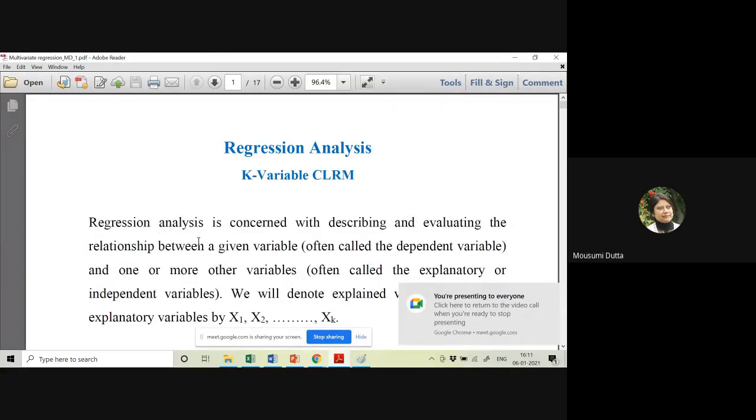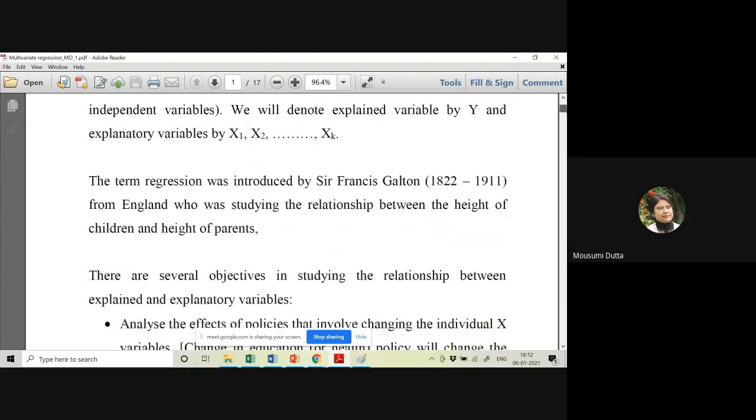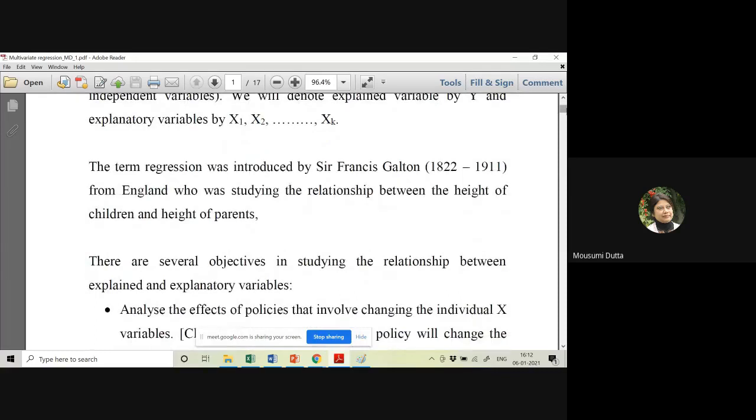Regression analysis is concerned with describing and evaluating the relationship between a given variable, often called the dependent variable, and one or more other variables, often called the explanatory or independent variables. We denote the independent variables by the set x1, x2 to xk, k independent variables.